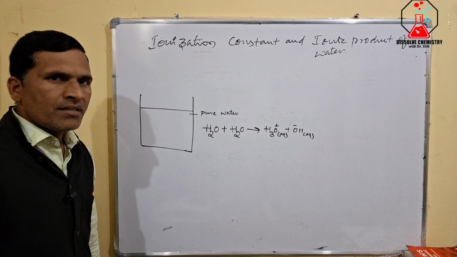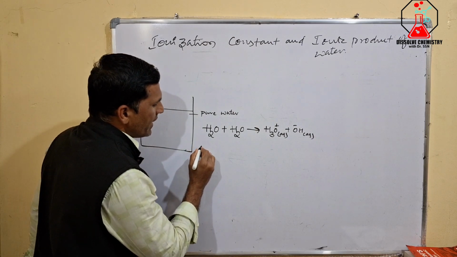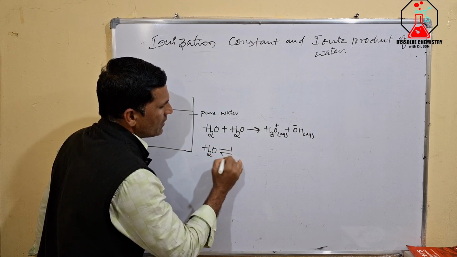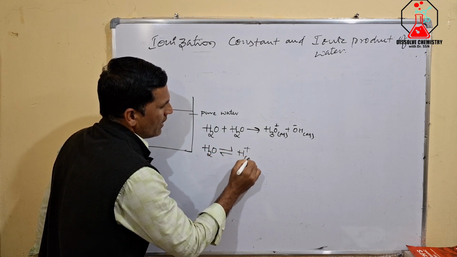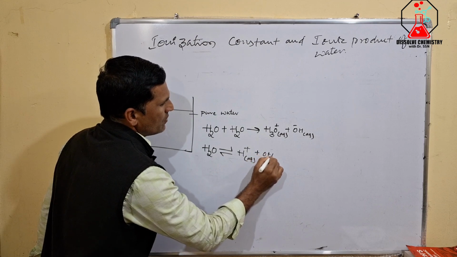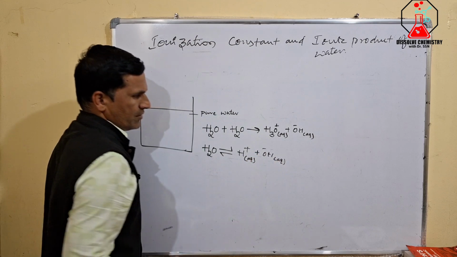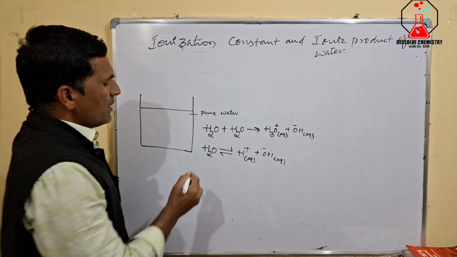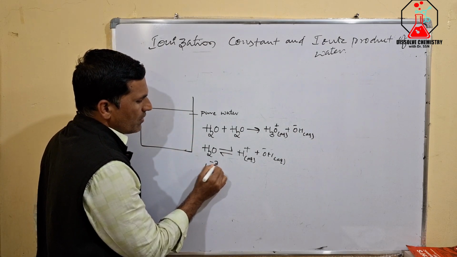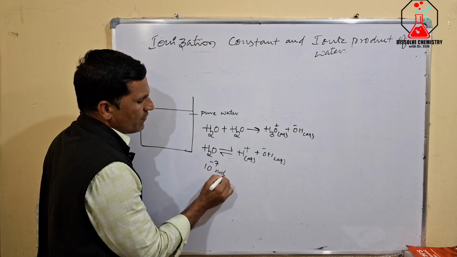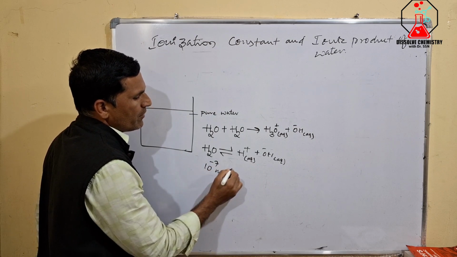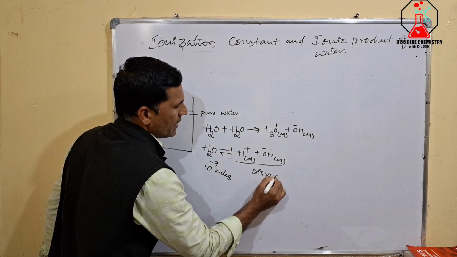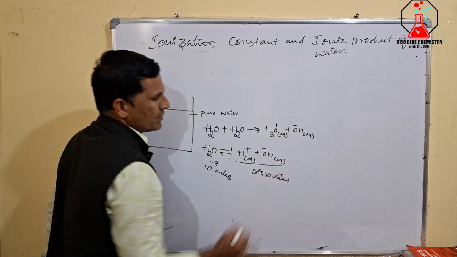Okay, it means to a certain extent, water molecules will remain in the dissociated form as H plus aqueous plus OH minus aqueous. So if you take 1 liter of water, then around 10 to the power minus 7 moles of water molecules will remain in the dissociated form.